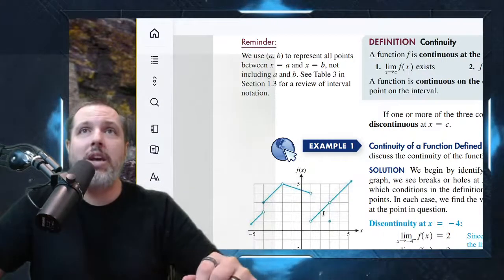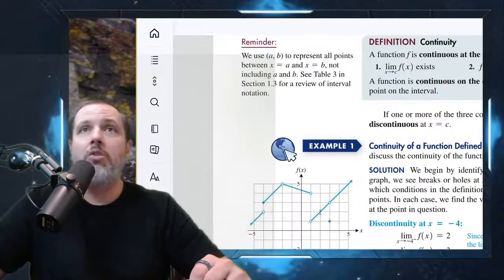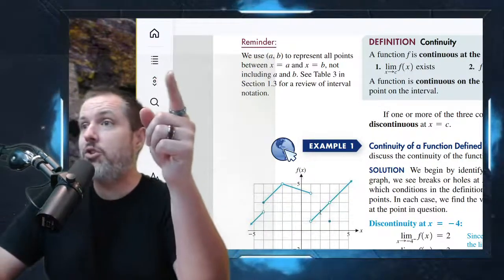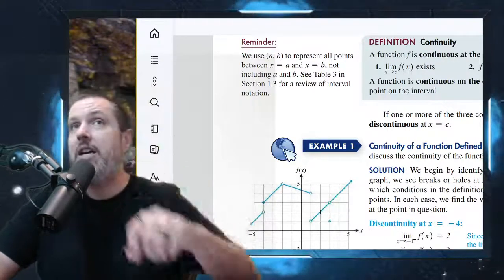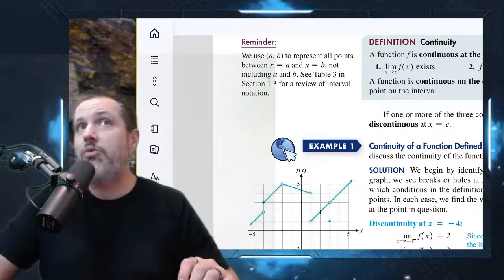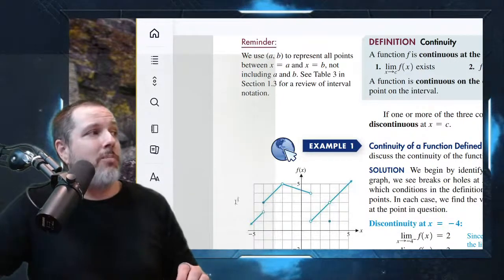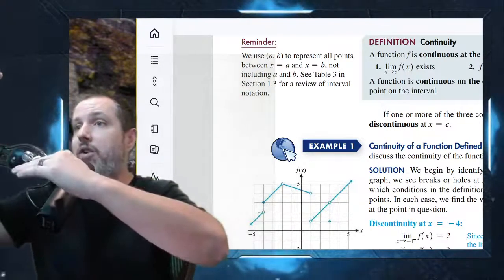Think about this point right here where there's no break. Well, right here at x equals 2, the limit would be 2, and also the function value is 2. So yeah, the function is going where the function is. Yeah, it's continuous right there. But you could see we get these other breaks. This over here is what we call a jump discontinuity. That's where there's actually a break in the function, right?